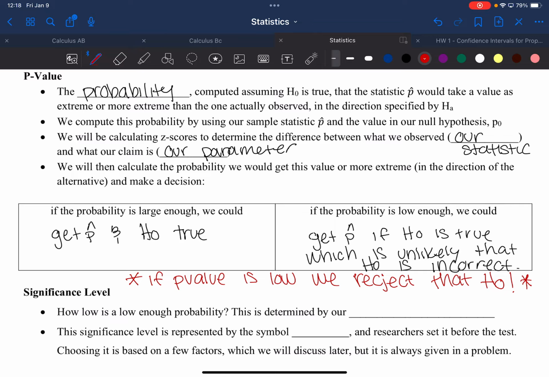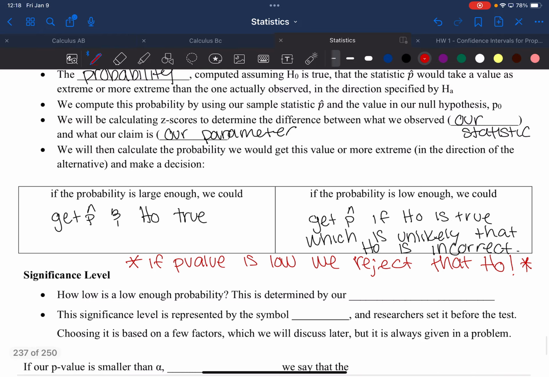And I spelled reject wrong. Reject. Okay, so again, if the p-value is low, we reject that hoe. Which means if the p-value is small, we reject the null hypothesis. I'm telling you, you're always going to remember that.